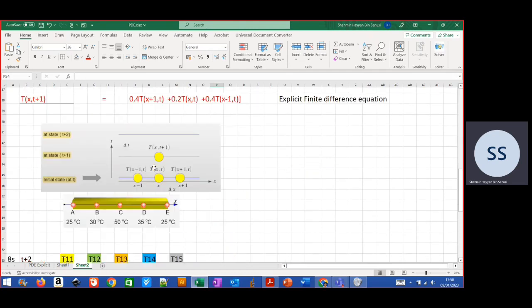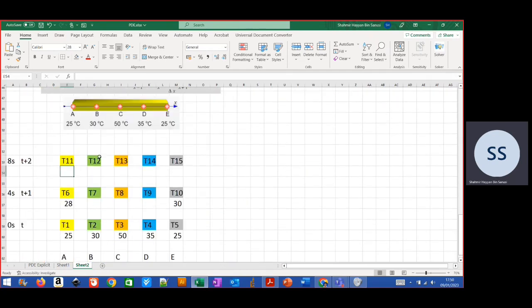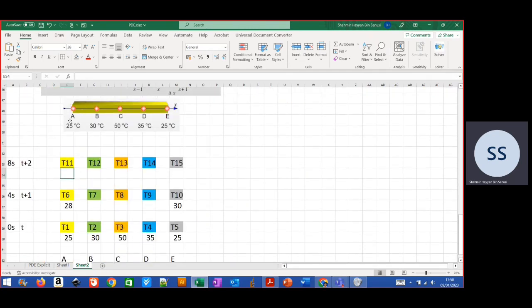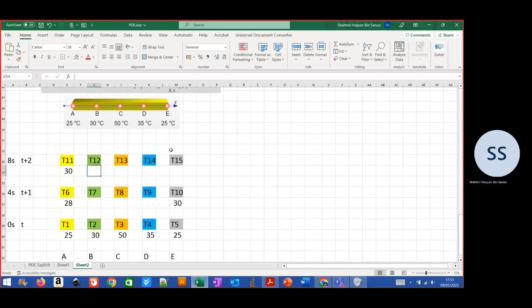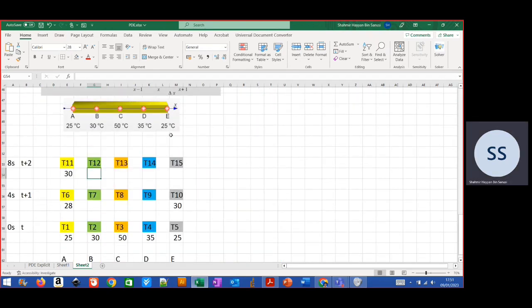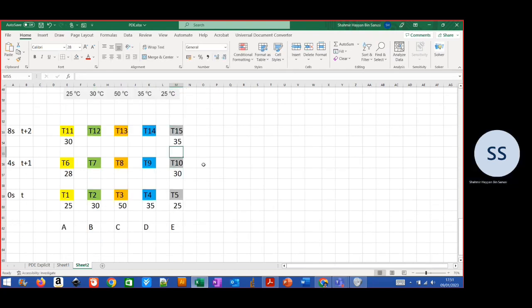28, 30, 30, 35. And T11, which corresponds to point A at 8 seconds, is 30 degrees Celsius, and 35. T15, which is point E at 8 seconds, is 35 degrees Celsius. So this value is actually the temperature.